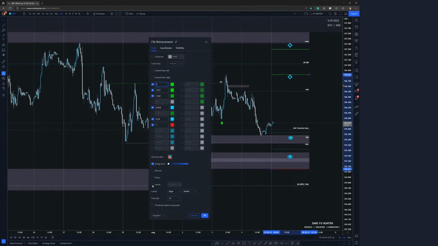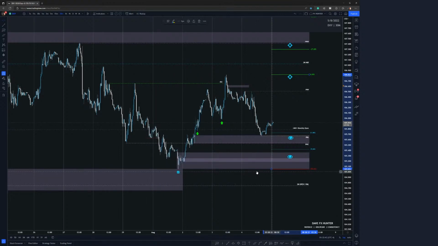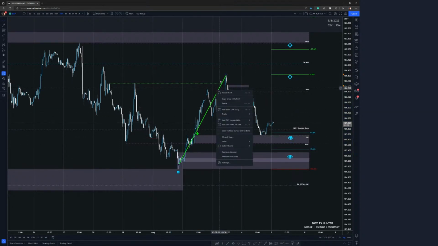If we take the fibo from here to here, it's the 61.8 fibo. You never want to enter before any pullback which is bigger than at least 50%, right? So 61.8 is quite good, I would say.